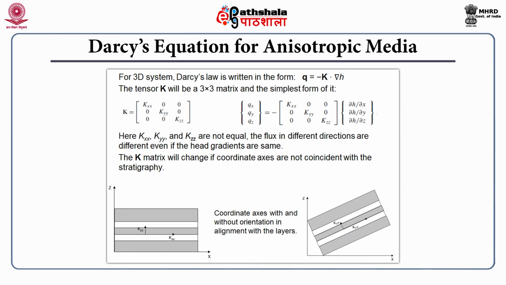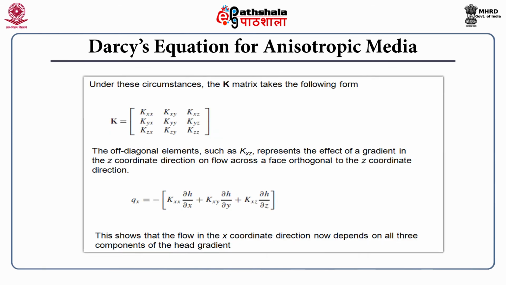Now, Darcy's equation can be applied in different directions. This is the tensor of the hydraulic conductivity, capital K in bold. The first row is Kxx, Kxy and Kxz. The second row of this tensor is Kyx, Kyy and Kyz. The last row is Kzx, Kzy and Kzz. So, if we want to apply Darcy's equation in all three directions, x, y and z, we get Qx equal to Kx dH upon dx.